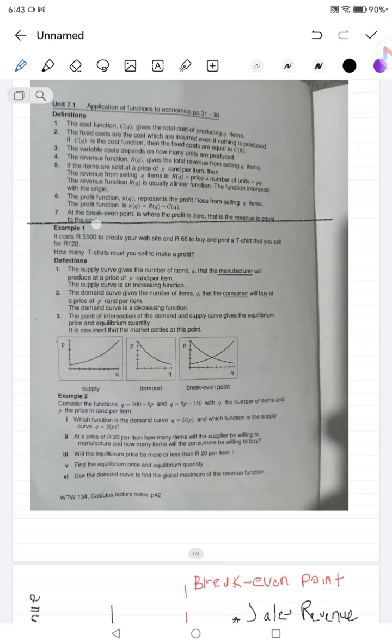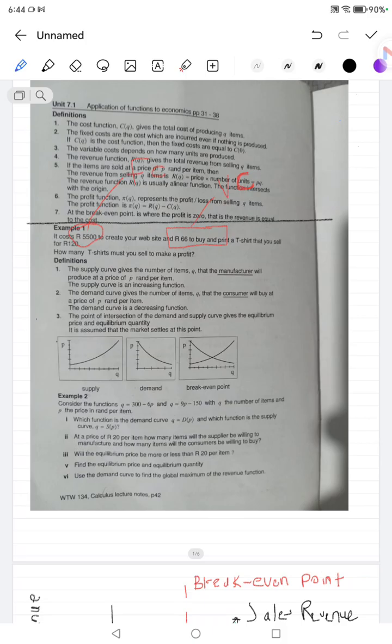So this one would be your fixed cost. Then they say it costs 66 rand to buy and print a t-shirt. So this one is your variable cost. As we said, your variable costs are dependent on the number of items produced. So you can just say it's your VC.